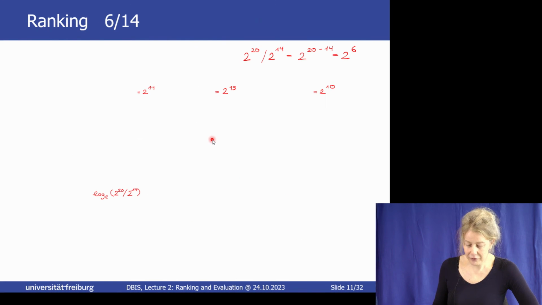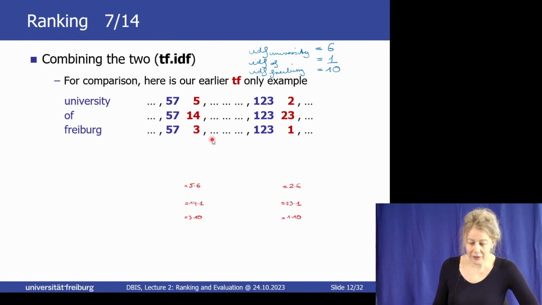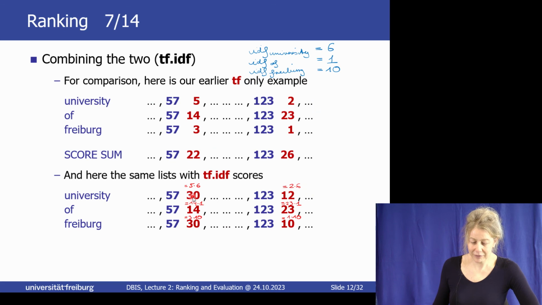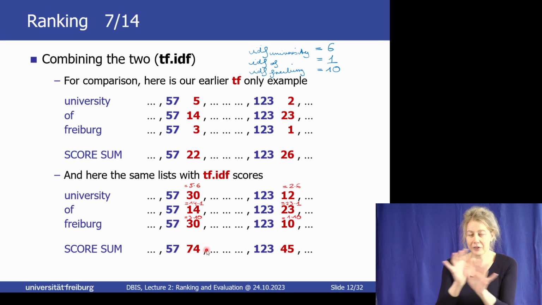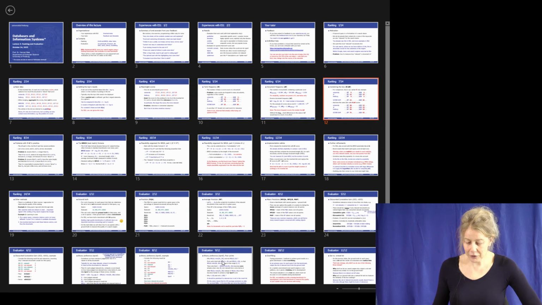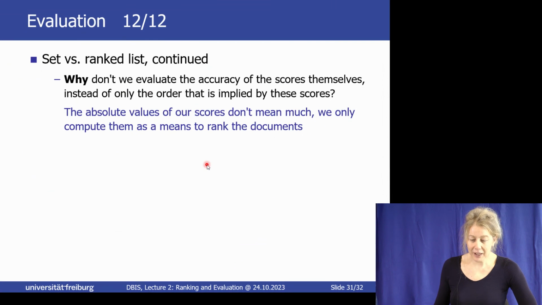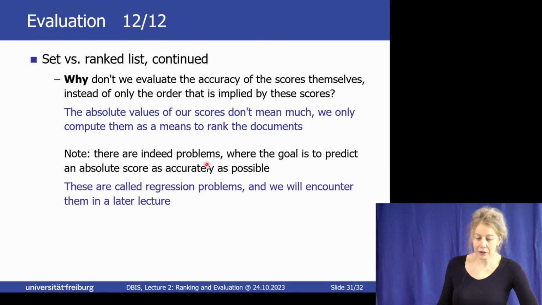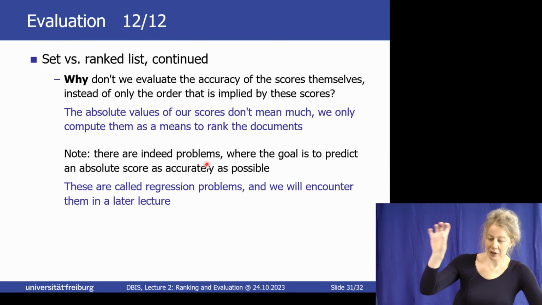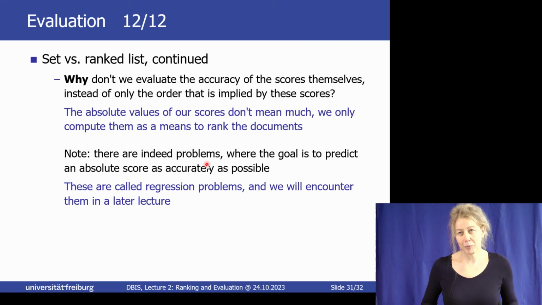The absolute values of these scores, this 30 or here, this value doesn't mean much. The only reason we compute these scores is so that we can rank the documents later. There are problems, called regression problems, where the goal is actually to compute a score, but not here. That's it for today.